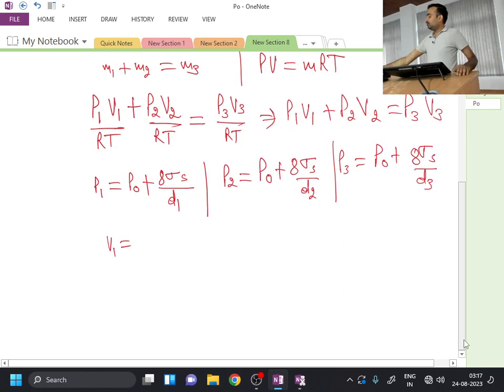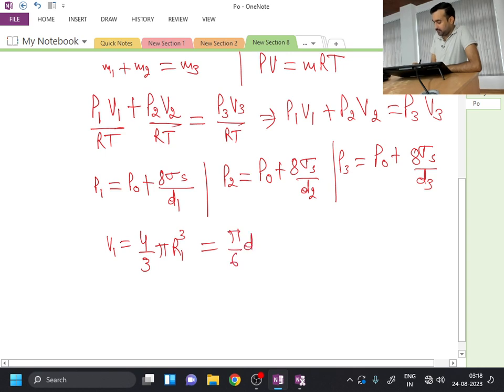Now we can substitute V1, V2 and V3. All are spheres. What is the volume of a sphere? 4 by 3 pi r cube. In terms of diameter it becomes pi by 6 d cube, so pi by 6 d1 cube. Let us substitute in this equation.